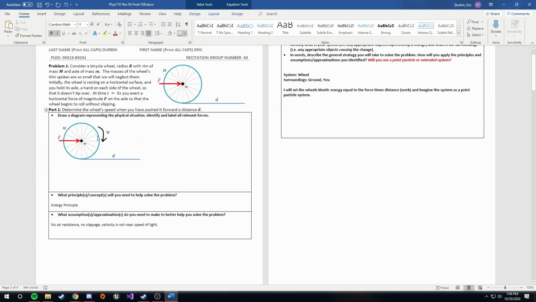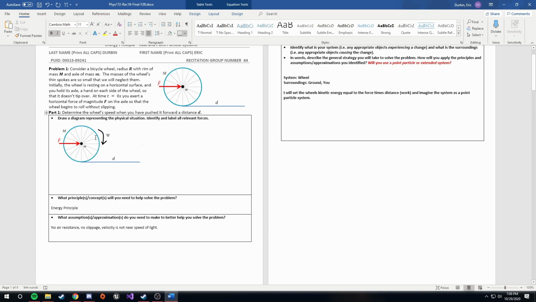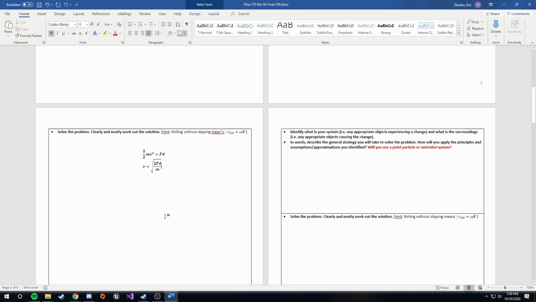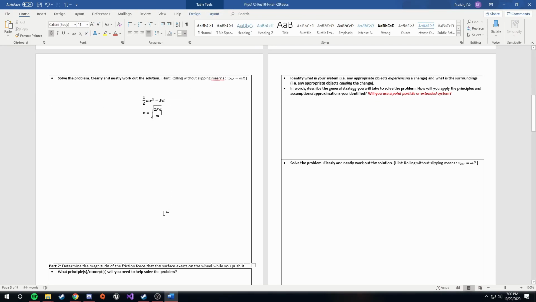Do we get real numbers for this? No. So 2 force distance over mass. Yeah, square root. Cool.